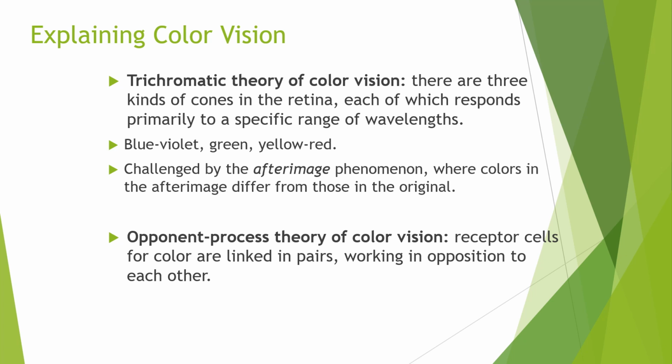I think green and red and yellow and blue are actually the opponent processes. I said that wrong. I had to think about it a minute. But green and red are the opponents, and yellow and blue are the opponents. So while one is activated, the other is not activated. And then whenever you look away, you actually see the opposite. That's that after image. But again, you have this opponent process theory of vision. So receptor cells for colors are linked in pairs that are working in opposition to each other. So while one is activated, the other one then is not activated.